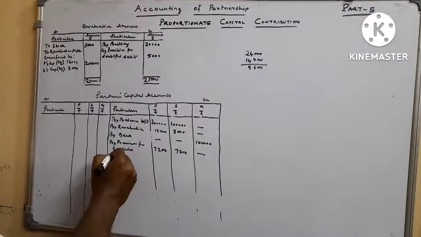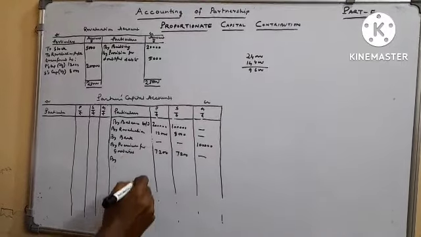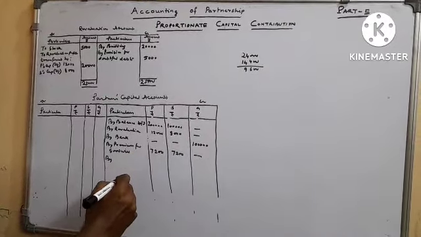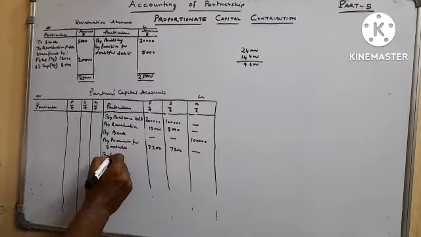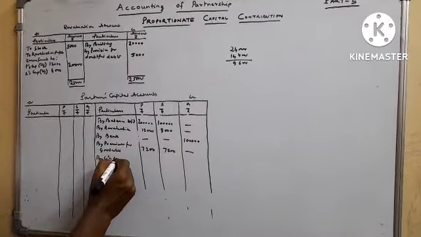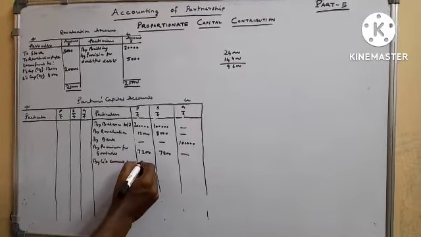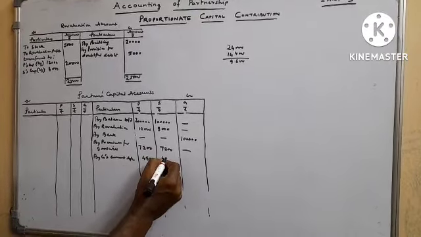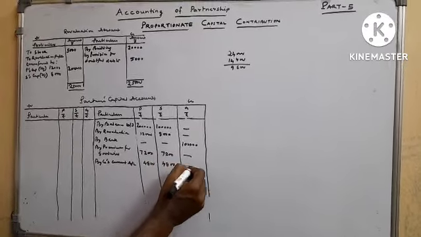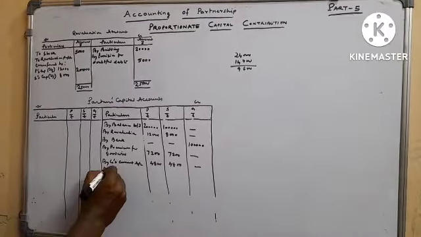So 9,600 will be distributed between P and S in sacrificing ratio. Sacrificing ratio is 1:1 by G's current account. 4,800. 4,800.